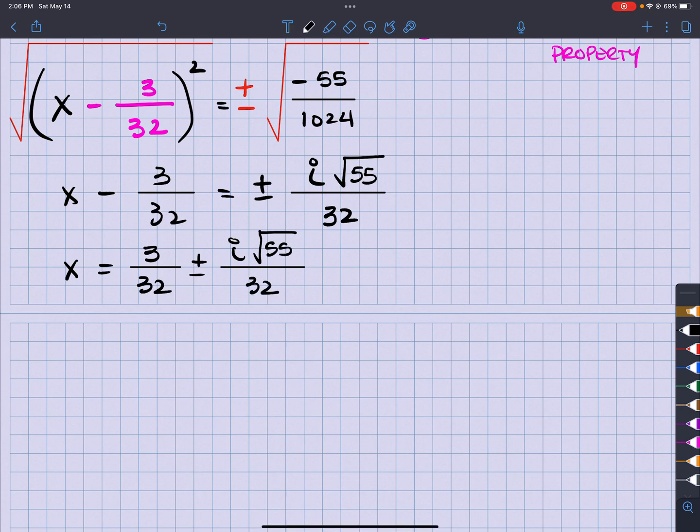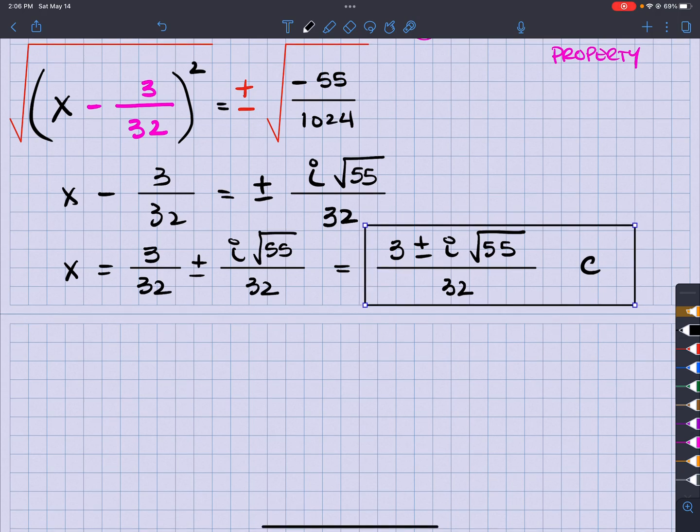Well, I'm just adding or subtracting fractions anyway, so I actually could put these two fractions together because the denominator is the same. So this is actually going to equal the 32 in the denominator, but the top I have to add or subtract. So I got 3 plus or minus i square root of 55. And that would be my answer, and that is going to be choice C.